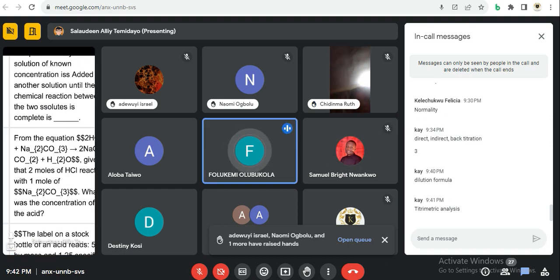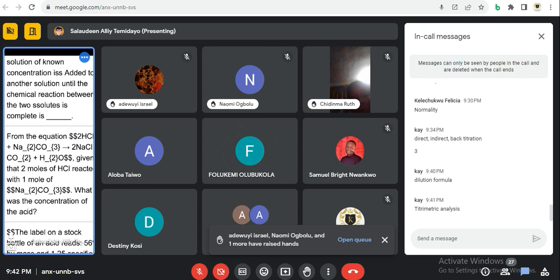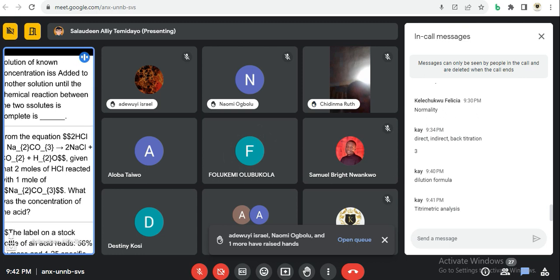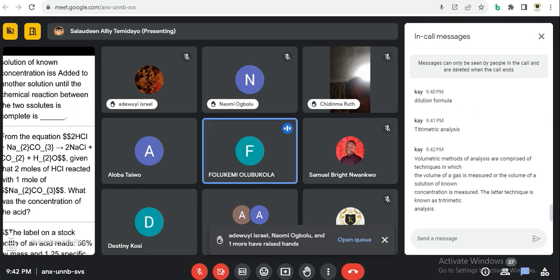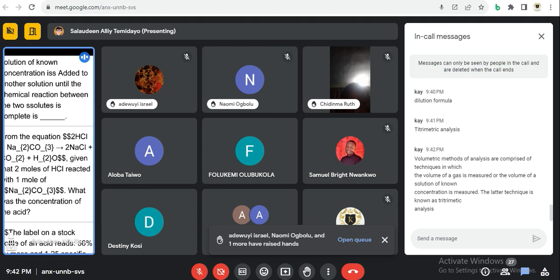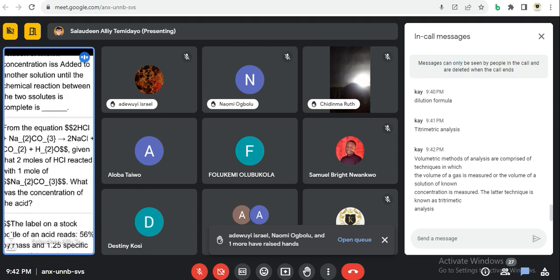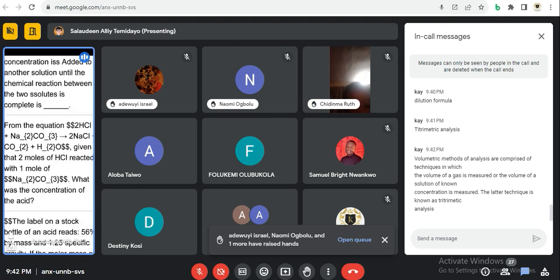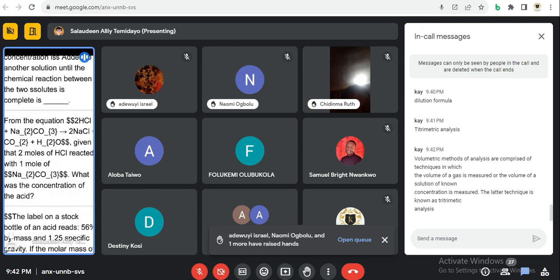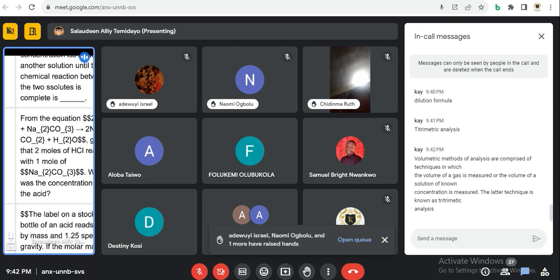Okay. From the equation Na2CO3 plus 2HCl gives 2NaCl plus CO2 plus H2O, given that 2 moles of hydrochloric acid react with 1 mole of washing soda, what was the concentration of the acid? We have the number of moles here, but we are not given any volume.